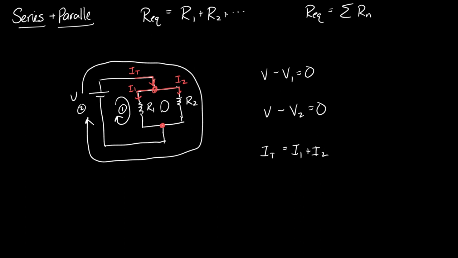Now, this part I think is going to be pretty straightforward. We did this yesterday. I think we can all say V is going to have to equal V1, but we know that V equals IR, right, from yesterday? Does that look familiar to you? So V1 equals I1R1, and V2 equals I2R2.